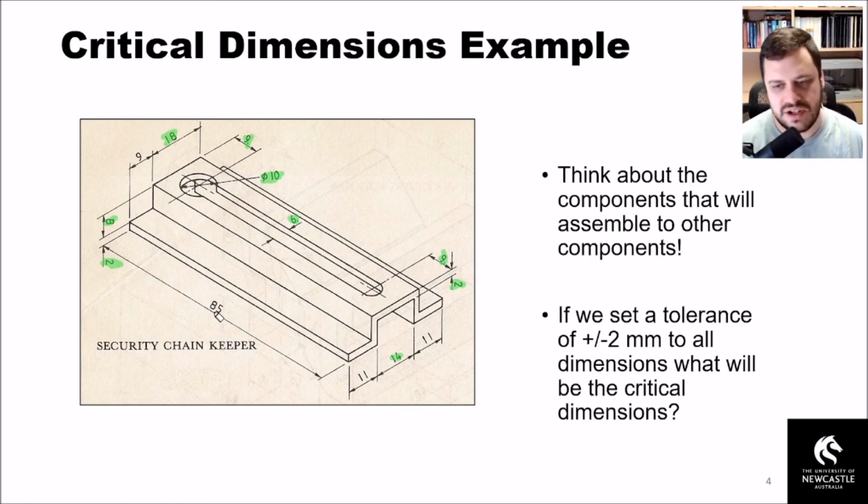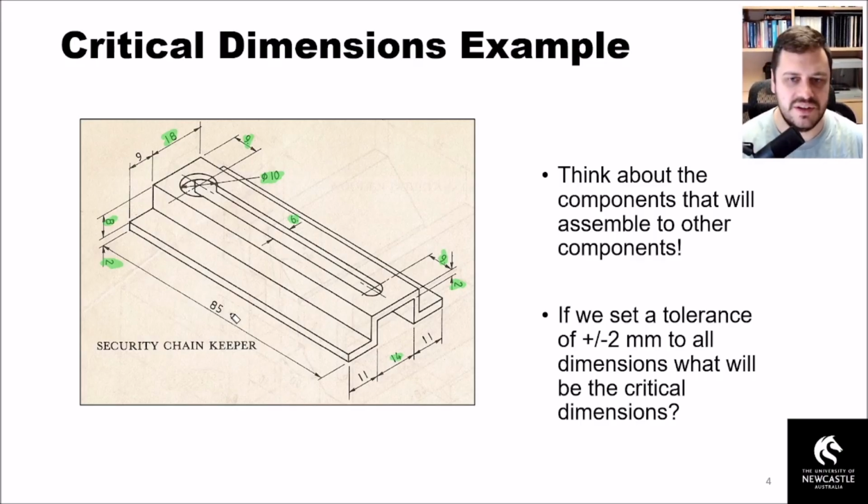Or vice versa, you could work to the 85, and then if those holes are a little bit out of place in the plus or minus 2 millimeters, you're probably not going to care. But for this particular case, I would probably work to the 9 millimeters here and go through and make sure that they're fixed in place. And then if the overarching length of the thing, the 85 millimeters, is a bit longer or a bit shorter, we don't really care in this instance.